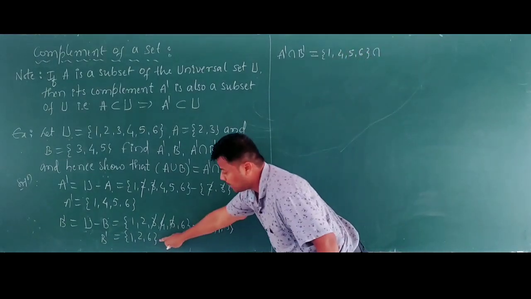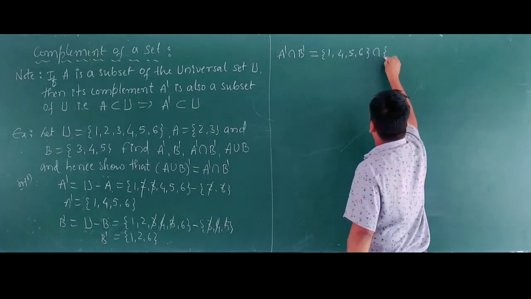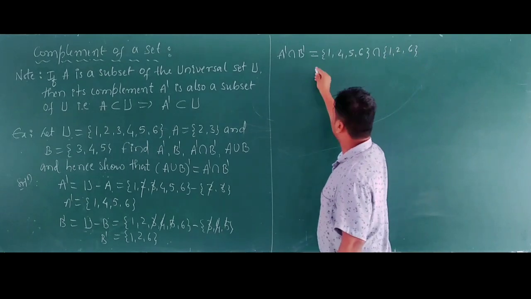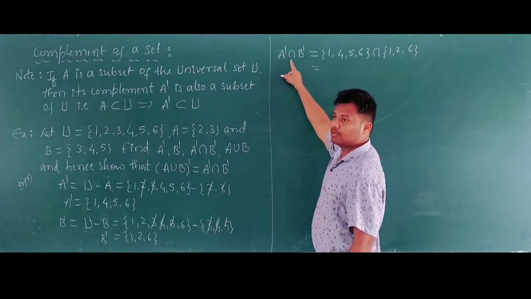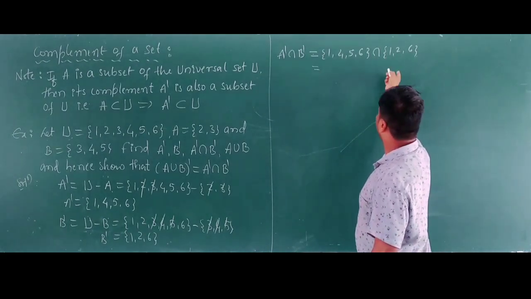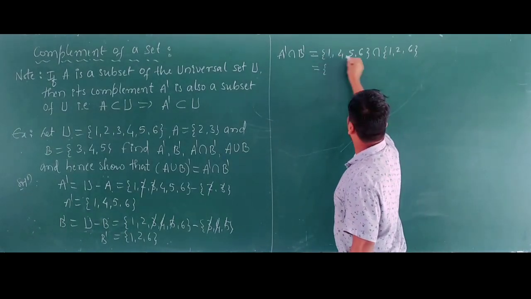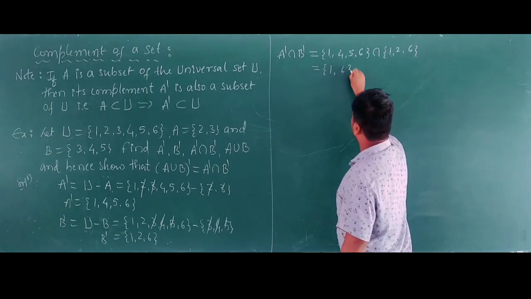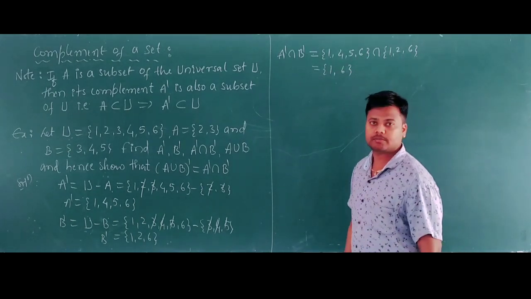Intersection, what is B dash? 1, 2, 6. Intersection means the common elements in both sets. The common elements are 1 and 6. So these are the common elements.